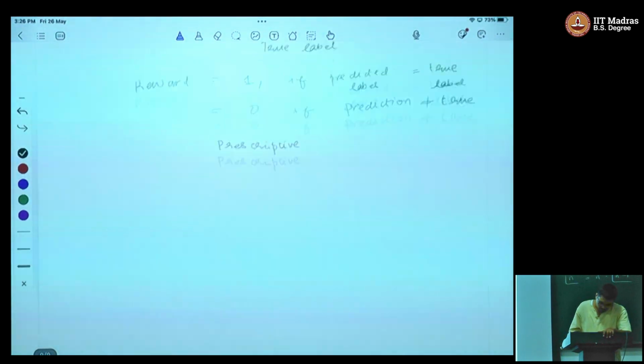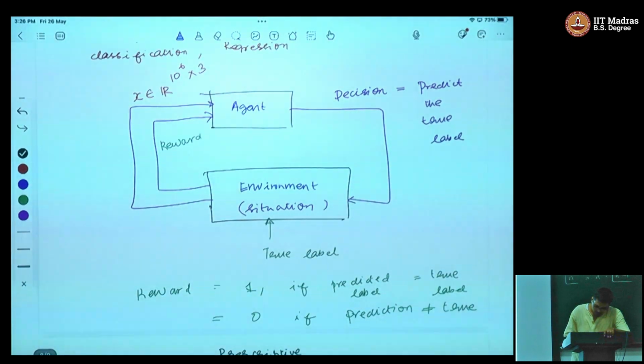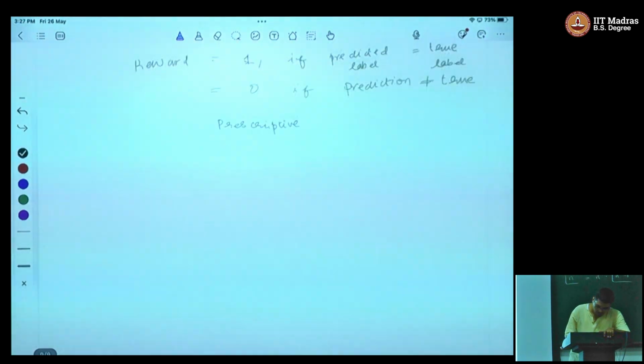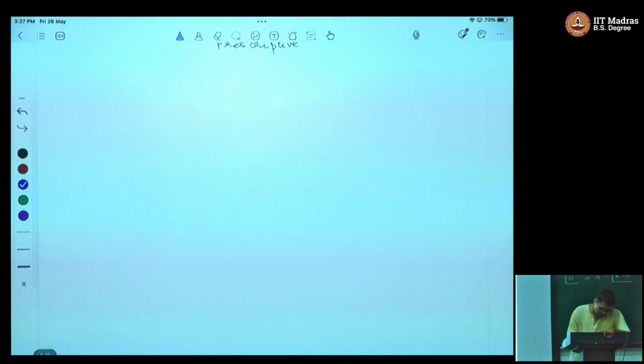So now, here you only predict, and then you do not influence the environment. In the prescriptive task, the agent actually influences the situation.